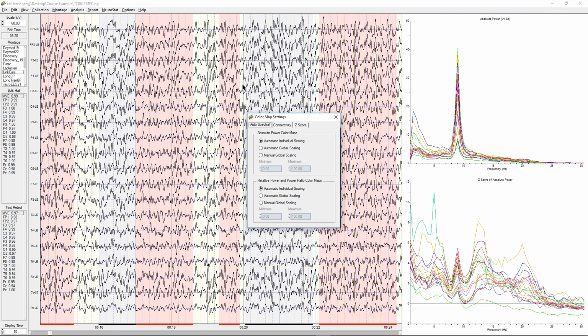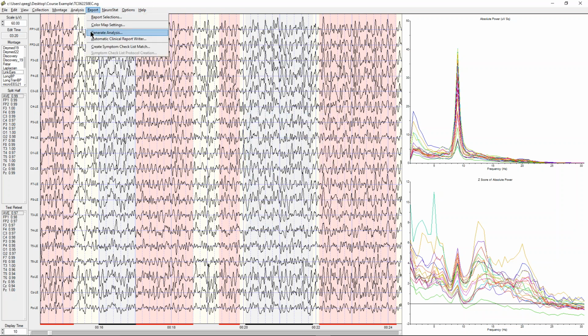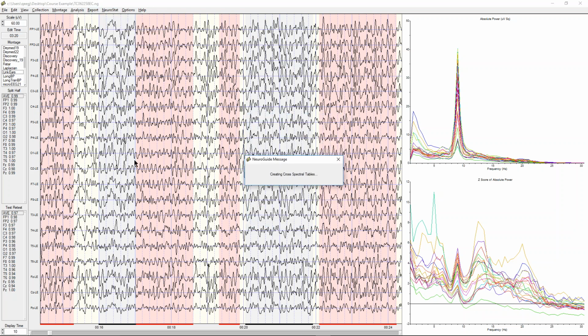So we go to color map settings, go to Z-score, and let's set the Z-score range to 4 and the normal range to 3. So anything that's a color is going to be at least 3 standard deviations. And so let's run that same analysis again.